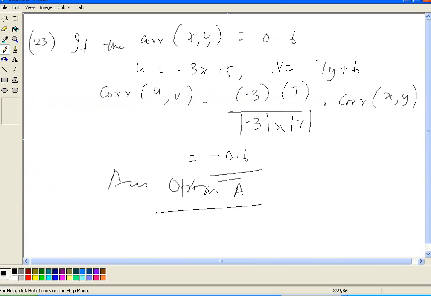Given that correlation coefficient of x comma y is 0.6 and u is equal to minus 3x plus 5, v equal to 7y plus 6, then correlation coefficient of u comma v is equal to minus 3 into 7 divided by modulus of minus 3 into modulus of 7 into correlation of x comma y.